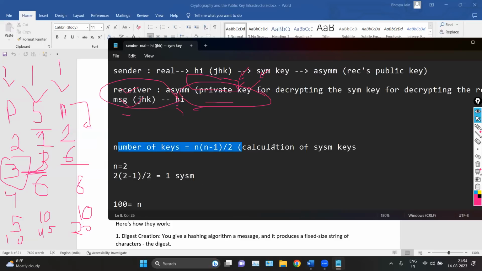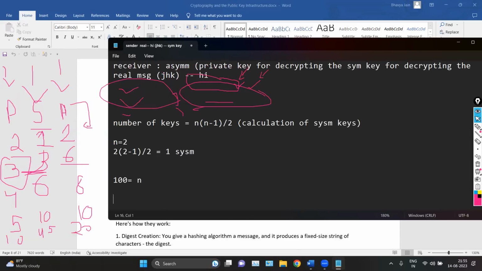This is the formula of symmetric keys. Now n equal 100, and you can replace the value. So if you have 100 participants in your group, you have to generate 4,950 symmetric keys, and 200 asymmetric keys.